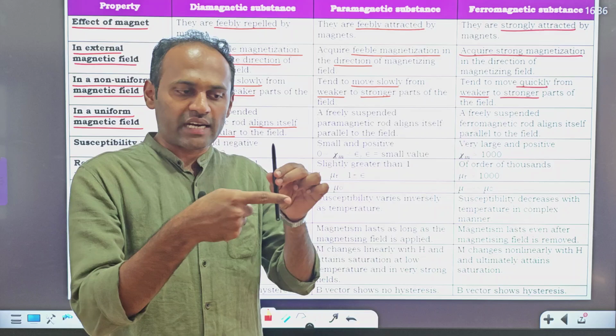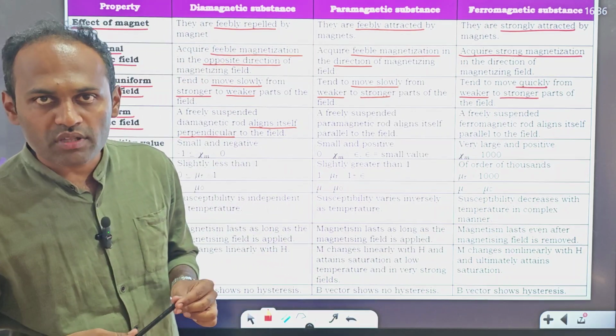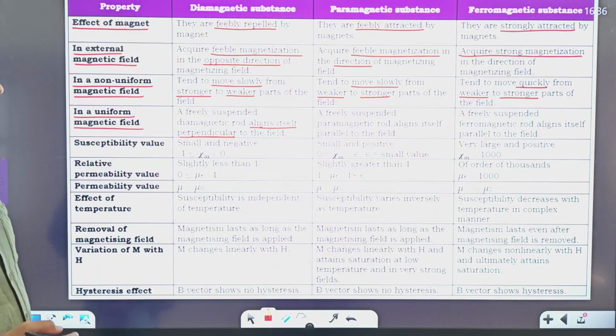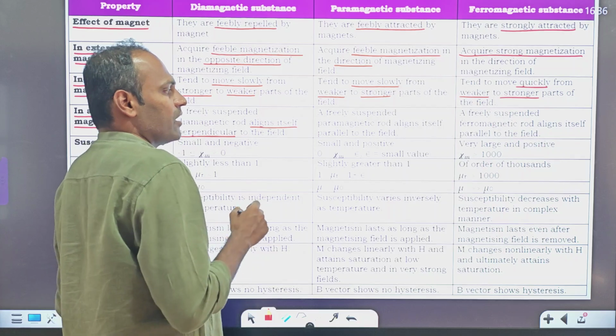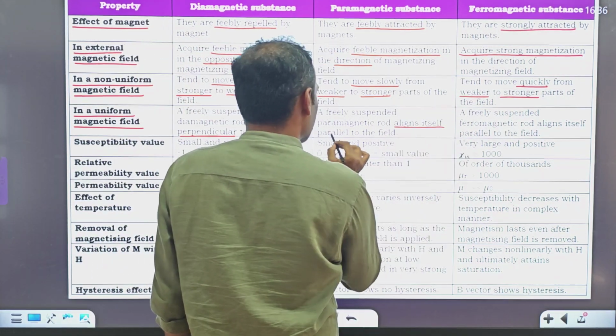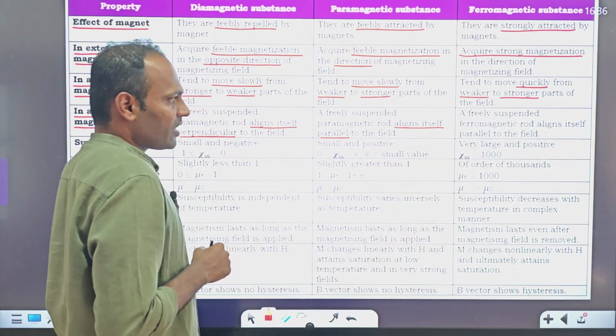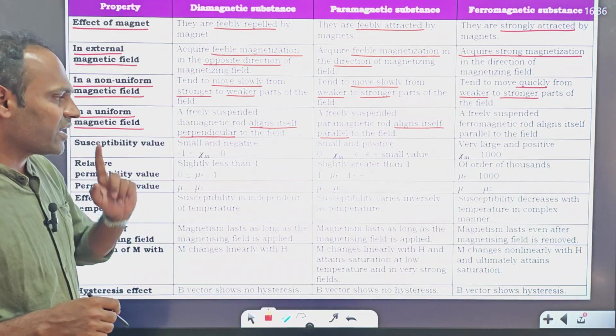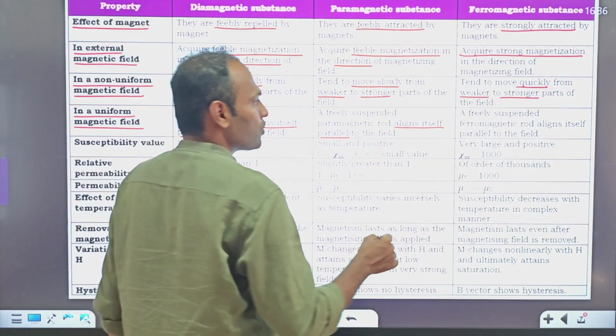If the field is like this, it will stand like this. It will stand perpendicular to the direction of the field, right? Next, paramagnetic substance: when it is freely suspended, the rod aligns itself parallel to the field. This will align perpendicular to the field. And this will also align.